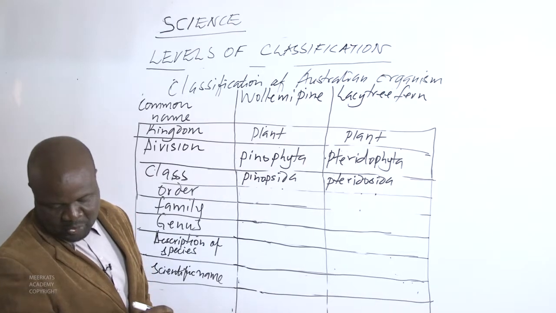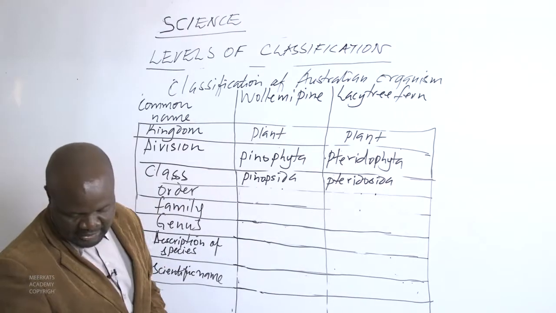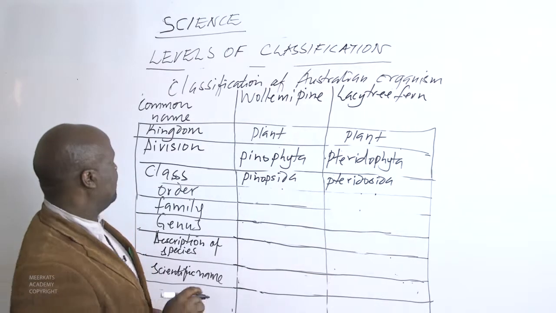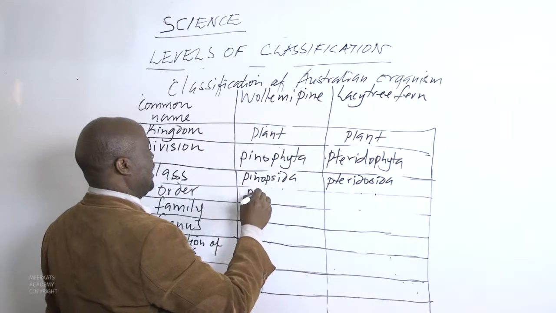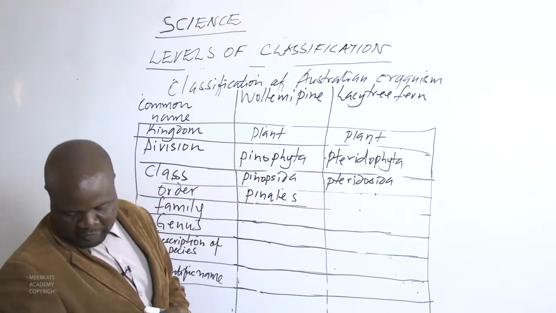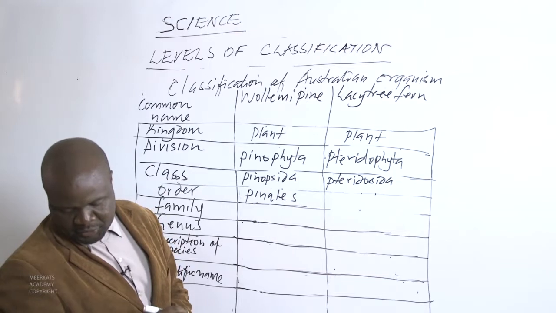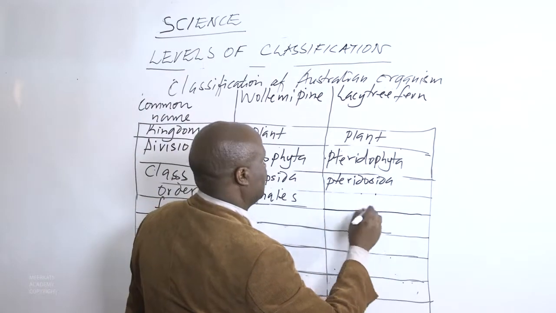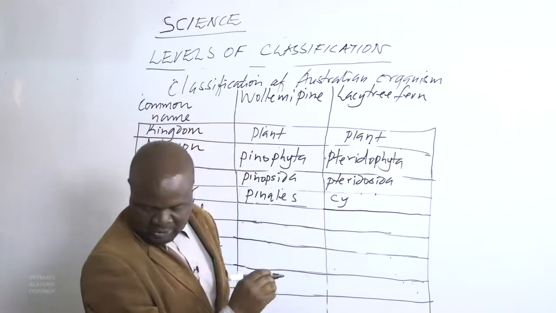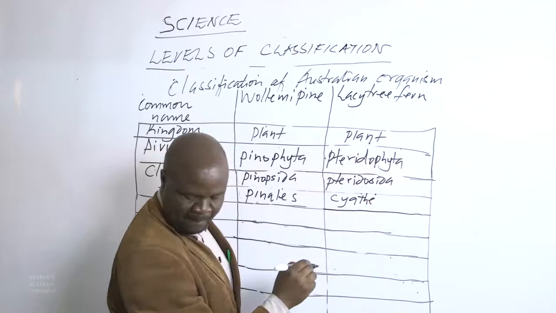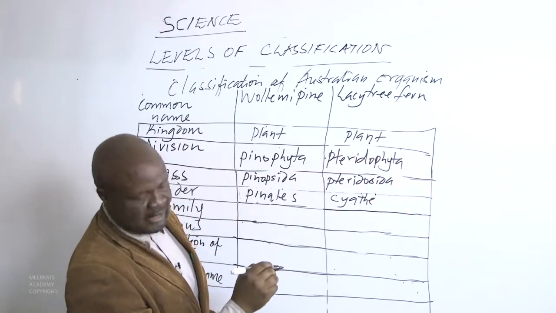And then when it comes to the orders, we find that the order of the Wollemi pine is Pinales. That is the order. When you go to the order of the other one, it's also different. They differ. They are in the order of Cyatheales.